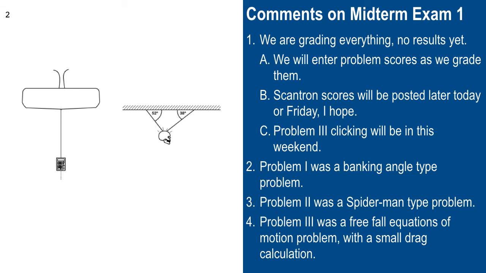Problem 3, clicker data. I have to take that apart so I can look very carefully at what you've clicked in. We've got 5 items, so it's going to take a little bit of analysis, because I like to give partial credit. Like a student told me after the exam, oh, I forgot to square the speed for the drag force.